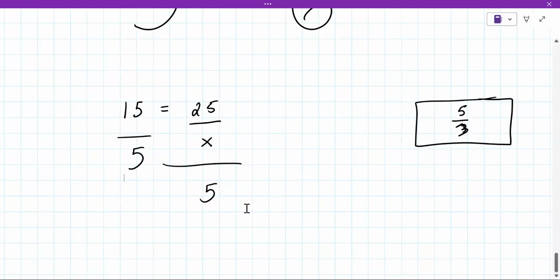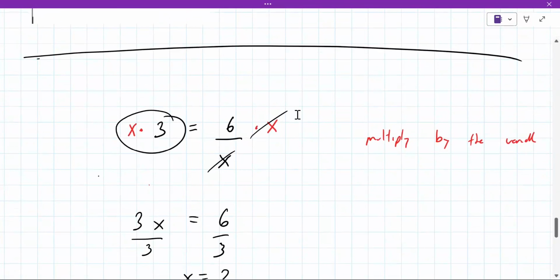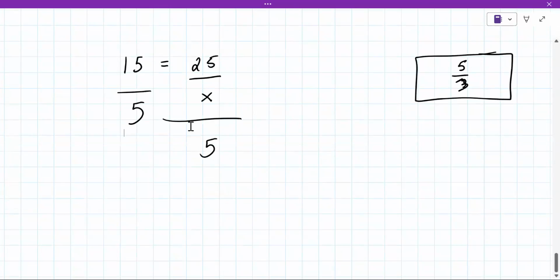If this isn't like what we did in the previous problem, you're gonna have to explain to your dad why you said you wrote this down in your notes, multiplying by the variable, and now you're telling me dividing by a number.